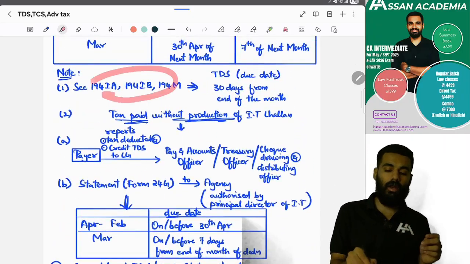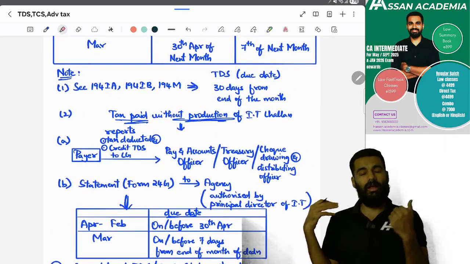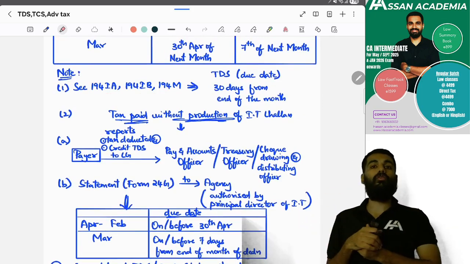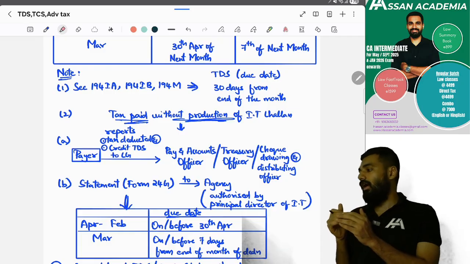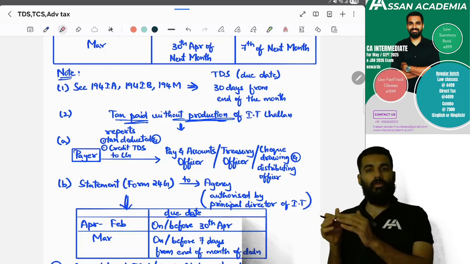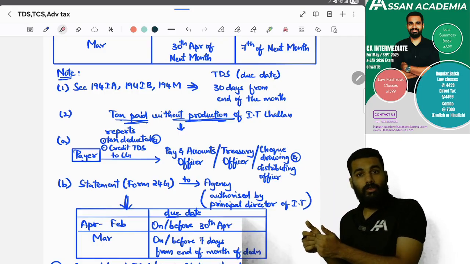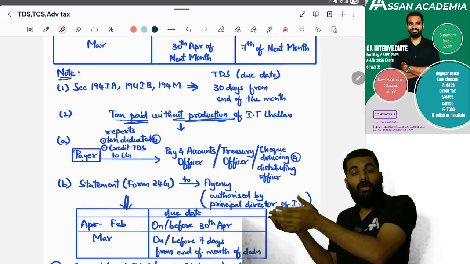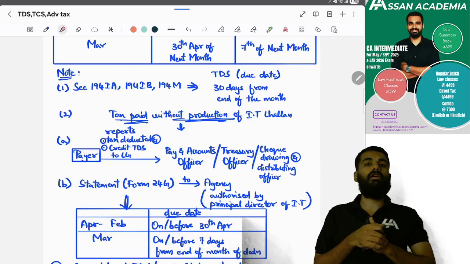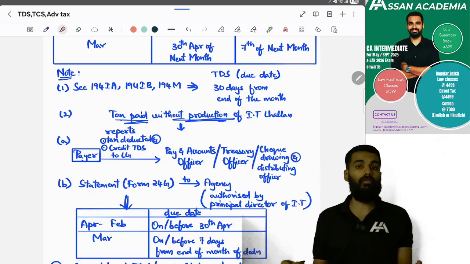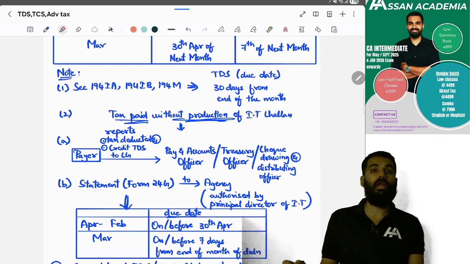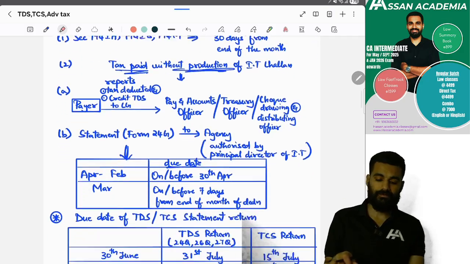But in case of 194IA, 194IB and 194M, the payment will be made within 30 days from the end of the month. Let's say the payment is made in June; by the end of June, within 30th of July, you have to make the payment.